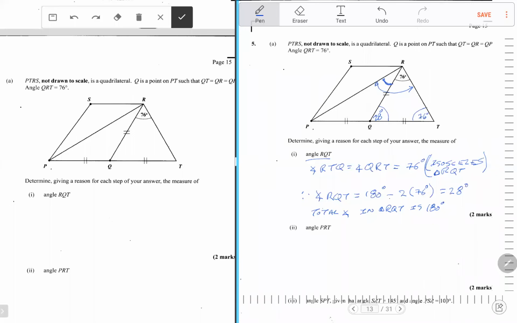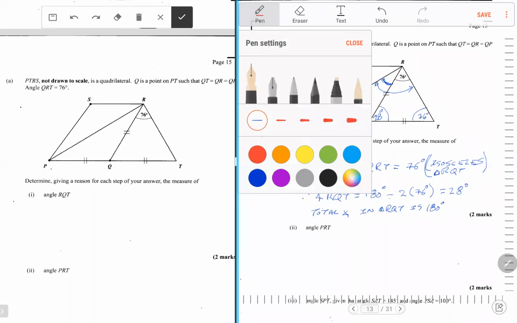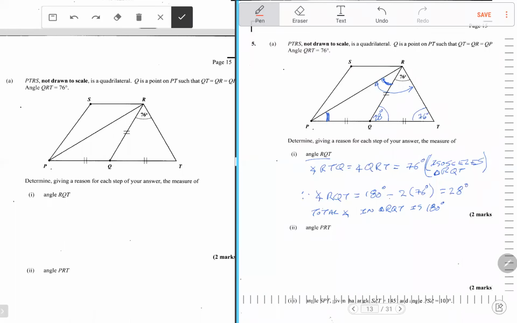Now that piece can be found a number of ways, but because that's an isosceles triangle, this angle P that I want is equal to this angle down here that I want. And there's a rule that says the external angle of a triangle is equal to the sum of the two opposite interior angles. Now, what does that mean? Let me show you what I mean by that. So if I focus on this triangle right here, that I'm marking in red.